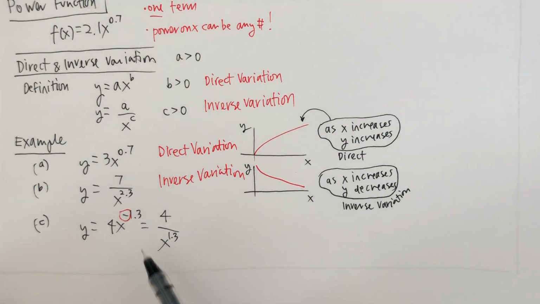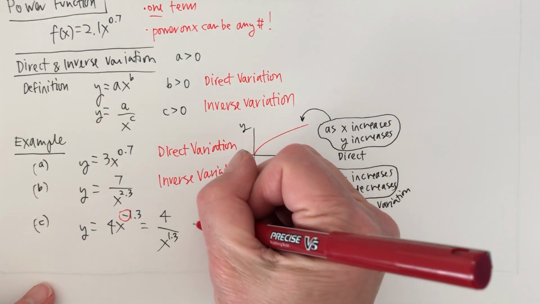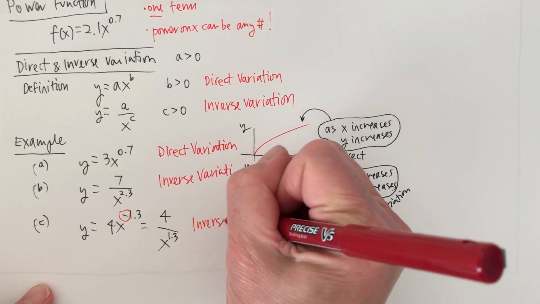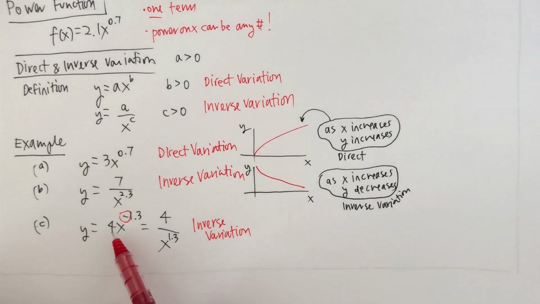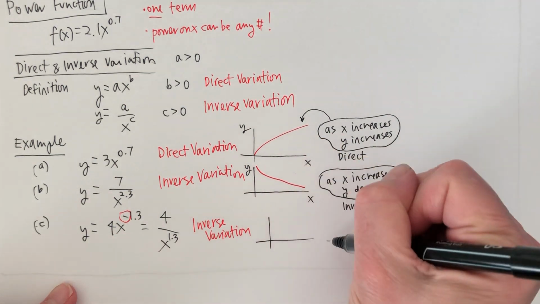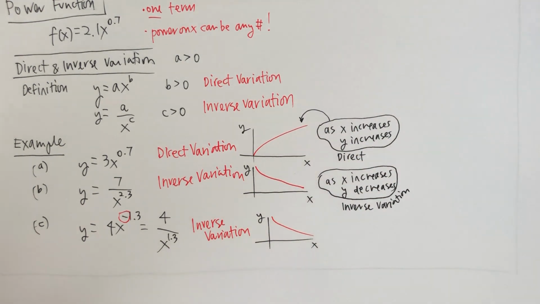That's what a negative exponent means, that it just, in this case, shifts it down to the denominator. Knowing that these are all equal, we now know that we're in this case. This will be an example of inverse variation. Even though from the beginning it wasn't totally obvious that it was, it almost looked more like direct variation, but it is inverse variation, and if you graphed it, you'd see something that looks like this.